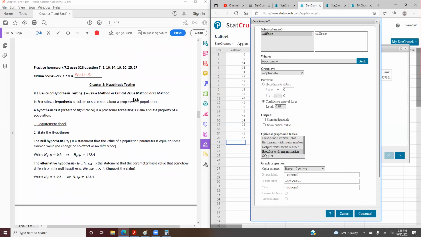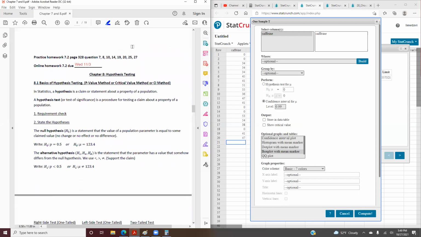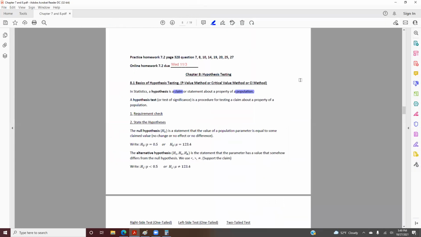So what is hypothesis testing? Hypothesis testing is where we want to test a claim statement, and this claim statement is about the population. So usually when I want you to do hypothesis testing, you should have what we call a hypothesis, and this hypothesis comes from a statement that talks about the population.